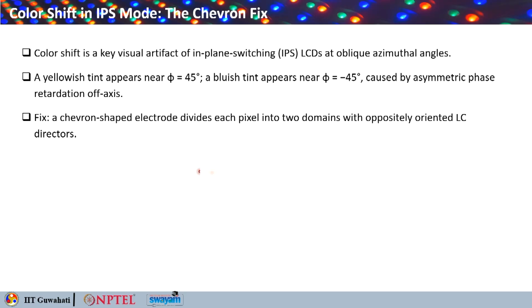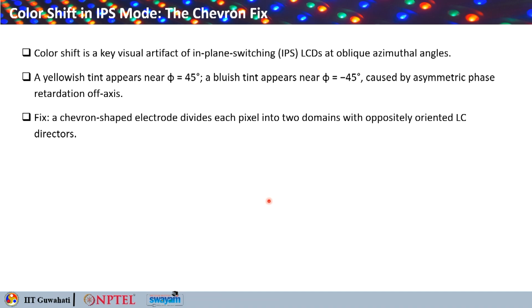So how to fix this problem? The chevron or two-domain electrode design splits every pixel into two subdomains whose liquid crystal directors point in mutually opposite in-plane directions.